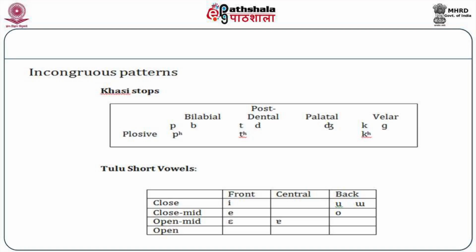Then you have a close mid vowel, front mid vowel, and then you don't have any close mid vowel. You have then open mid back vowels. And then you have a single central vowel.